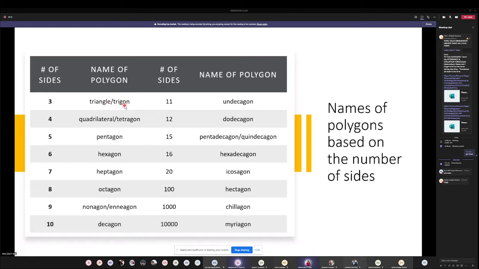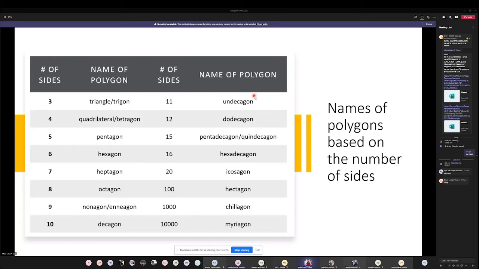We have trigon, then for a four-sided polygon, quadrilateral or tetragon. Tetra means 4, penta means 5, hexa means 6, and so on and so forth. After decagon, the pattern is now being changed.